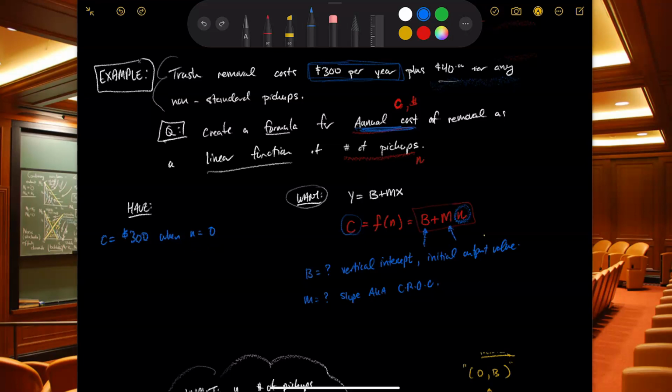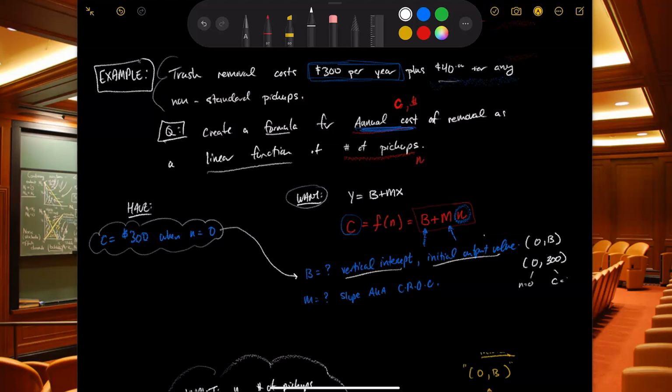So it might take you a second to realize that, now that I have this data point, this is exactly this value here. The vertical intercept, or the initial output value: I'm looking for the point (0, b), and here it's (0, 300). Because here's my n equals 0, here's my C equals 300.